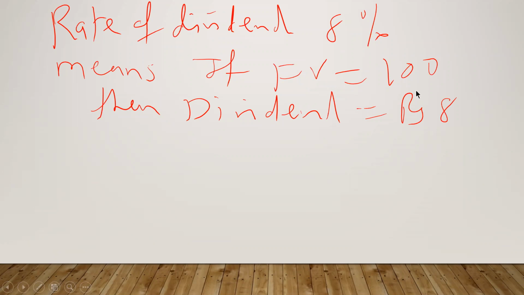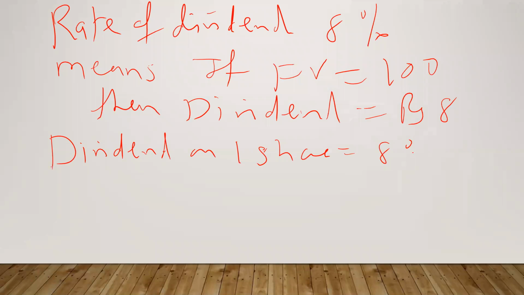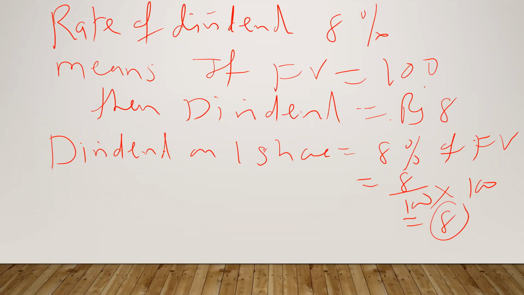So the dividend on one share is what? It is 8% of the face value. Dividend is always calculated on the face value. 8% is 8 upon 100, and the face value is 100. So that is how we get 8 rupees. So the dividend received on one share is rupees 8.